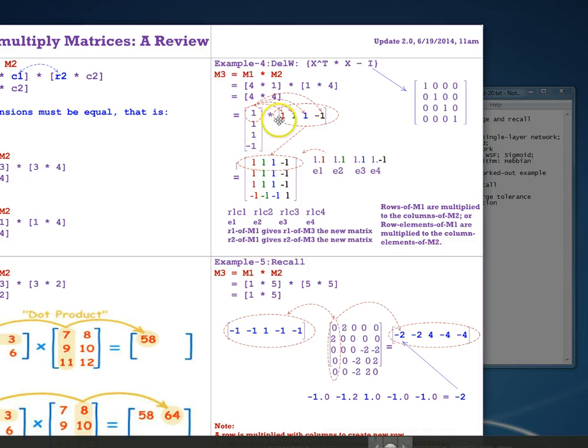Multiplying with the last one gives you minus 1, minus 1, minus 1, and plus 1, which is the last row. That is, the 4 by 1 times the 1 by 4 gives you a 4 by 4 matrix.